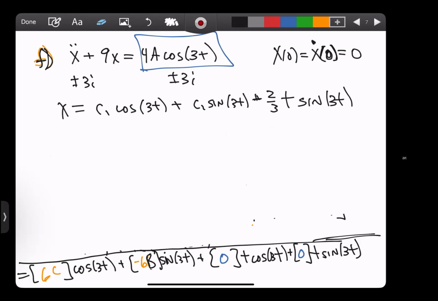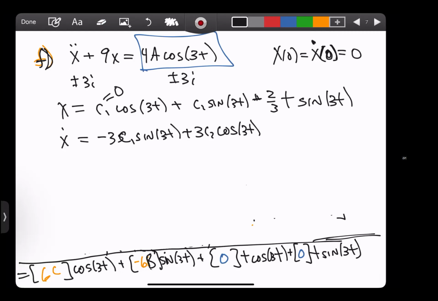And when you take x dot, let's just do that. So first off, we know this is going to be 0. That'll have to be 0. And then x dot is going to equal negative 3 c1 sine of 3t plus 3 c2 cosine of 3t.